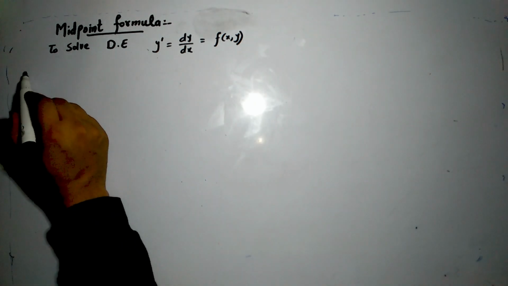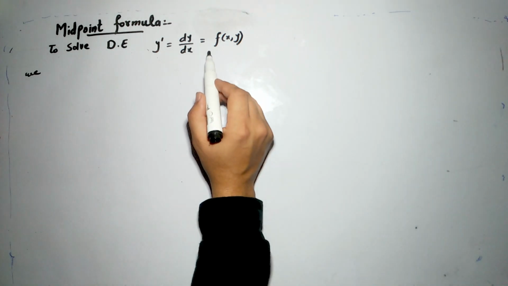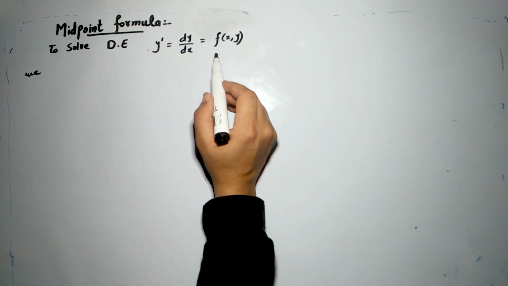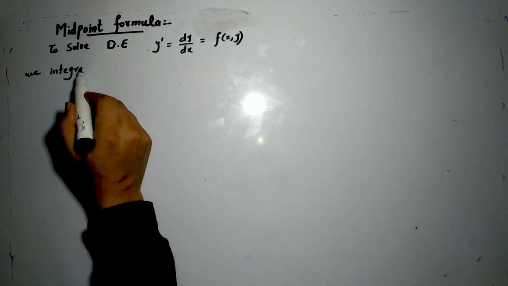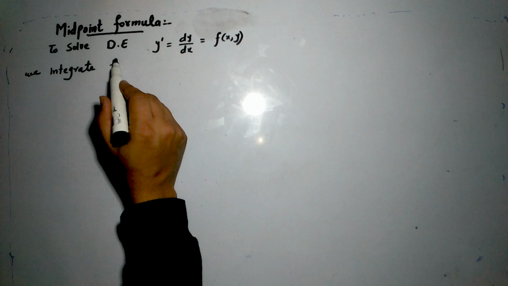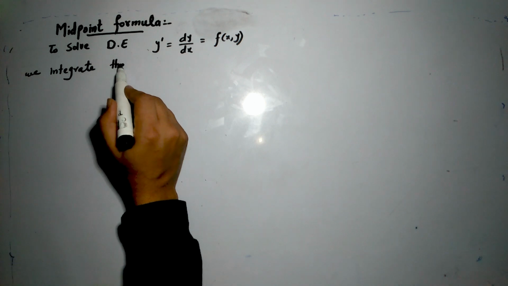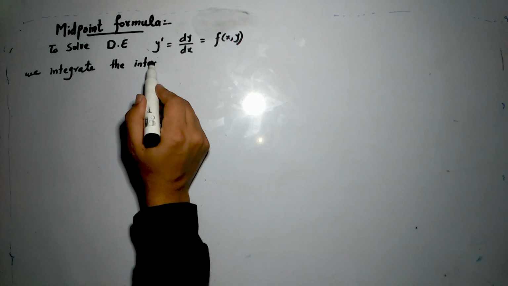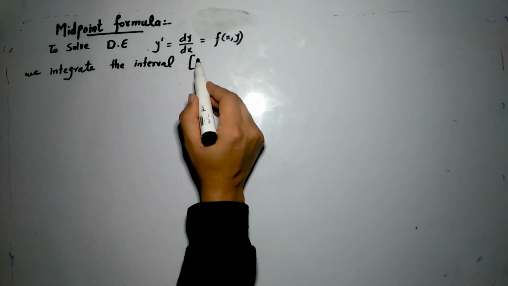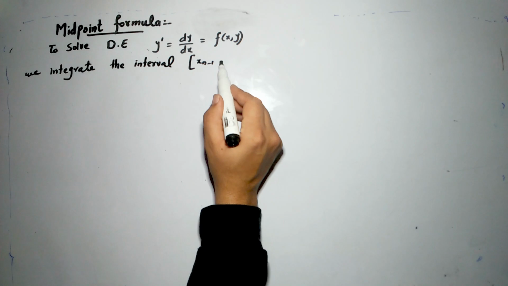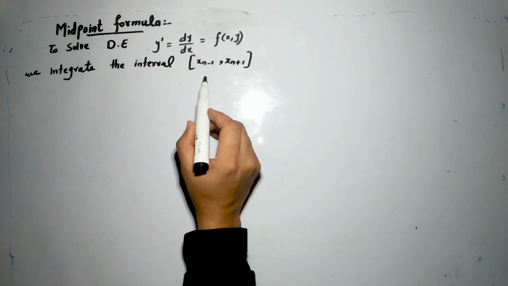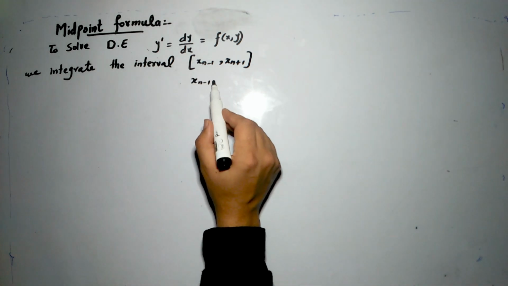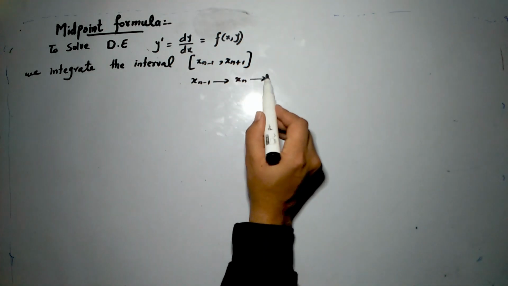We integrate here. The difference is in the interval of integration. Here is the interval from xn minus 1 to xn plus 1. Clearly, if we note the difference here, xn minus 1, the next term will be xn, the next will be xn plus 1.